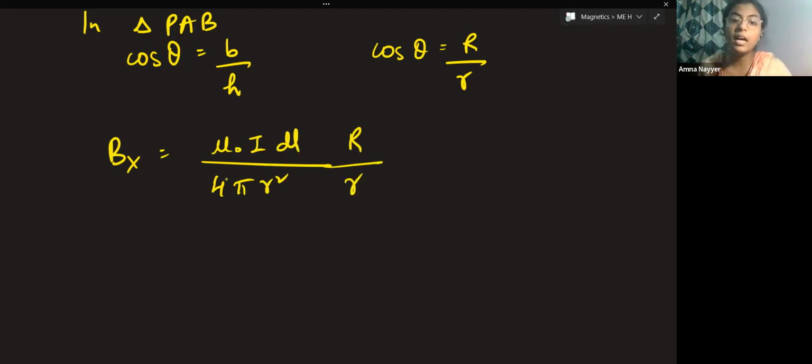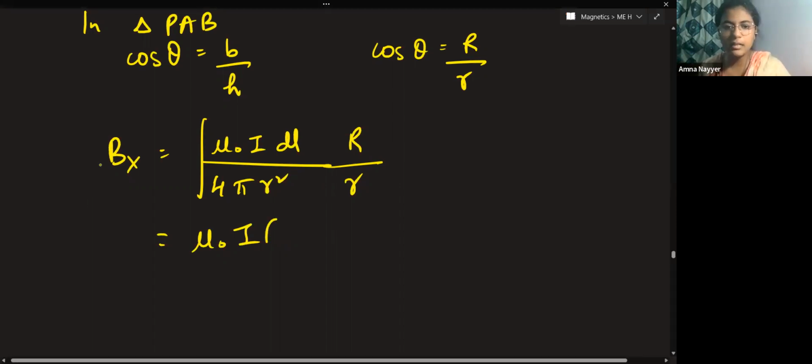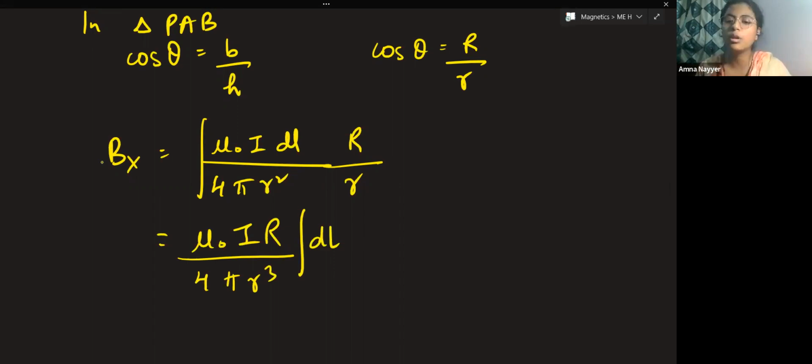And we are integrating it, obviously. So bring all the constant terms aside, but dl is not a constant term. We have to integrate dl. So we get mu naught I capital R divided by 4 pi small r cube, times the integration of dl.